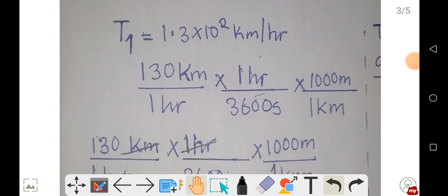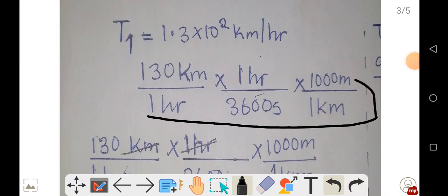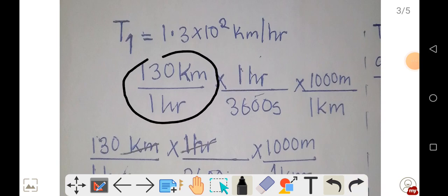To convert the speed for train 1, which is 1.3 times 10 to the power 2, this is how we are supposed to do it. So 130 kilometers over 1 hour, which we have written here, multiplied by 1 hour over 3,600 seconds. So we know that 3,600 seconds is equivalent to 1 hour. So this is the relationship we have written there.